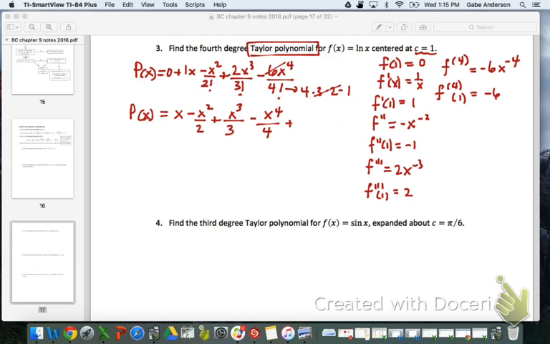So the nth term for this would be plus dot, dot, dot plus negative 1 to the n plus 1 times x to the n over n. Yeah, so that would be a good nth term there. You didn't have to do that, but just kind of an aside there.